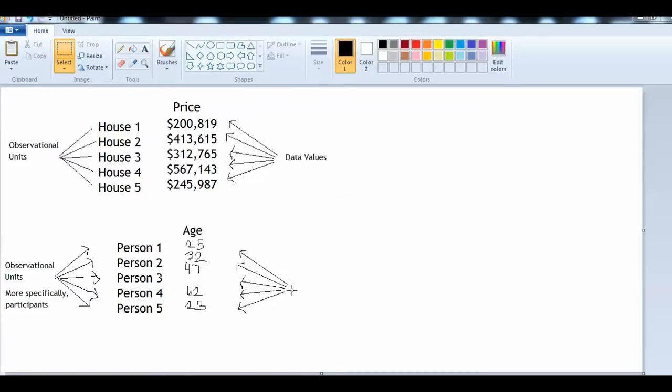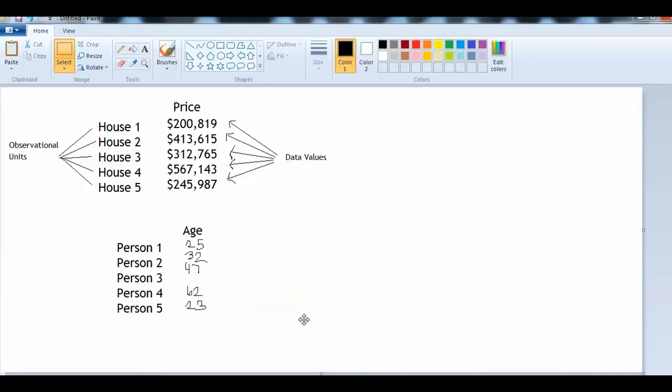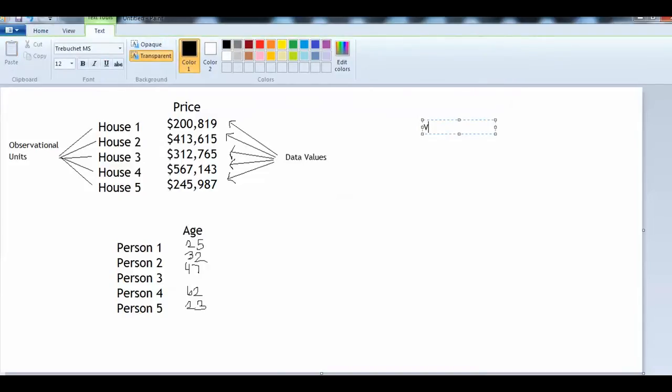This would have said data values, but it got cut off. Let's write out the definition of a variable.